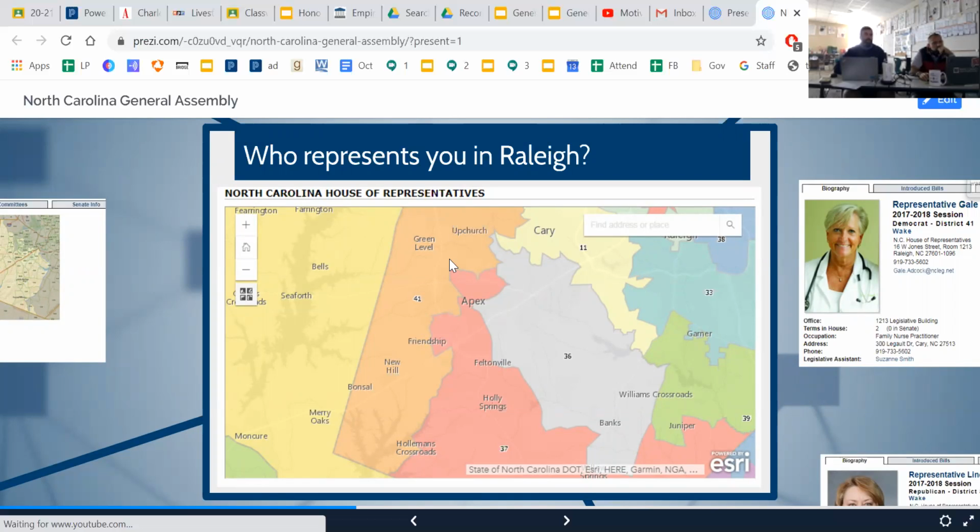That is because the amount of growth in this area is insane. If you're just looking at this map, think about how many high schools are in those 3 districts. And then if you look over to Garner and you look at District 33 and 39, I believe it says, how many high schools are over there?